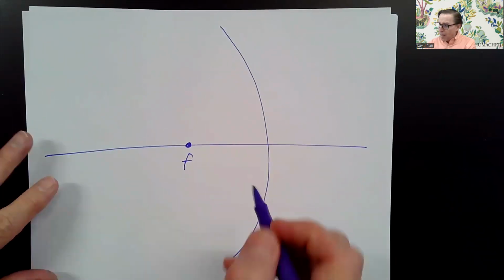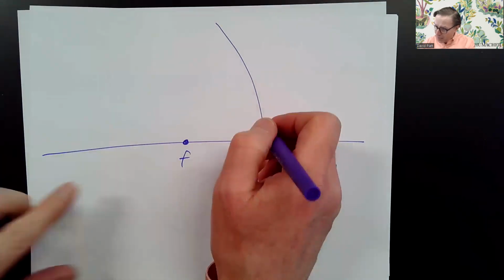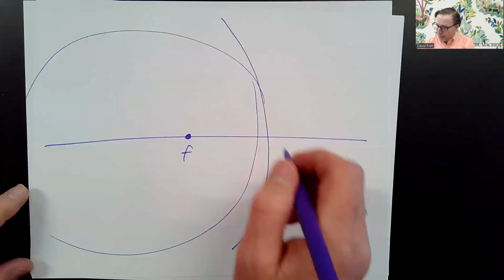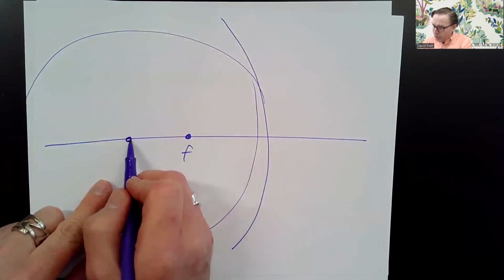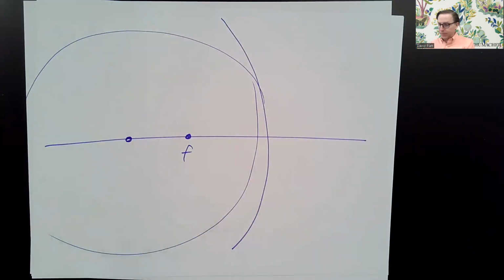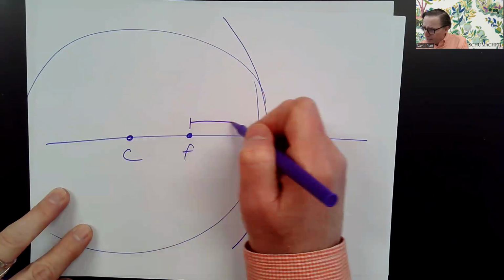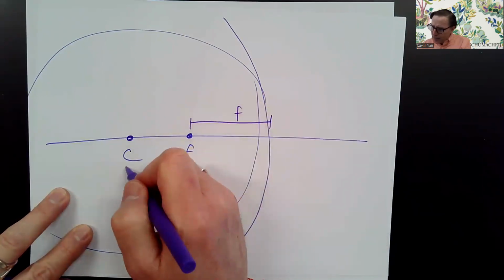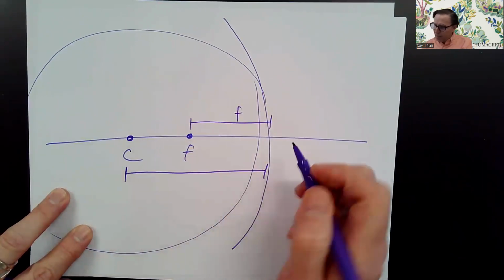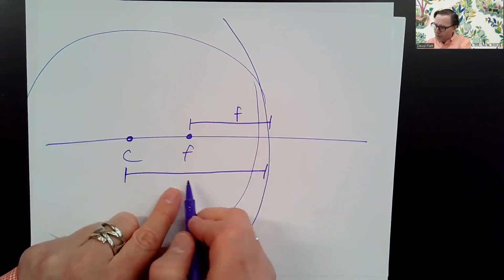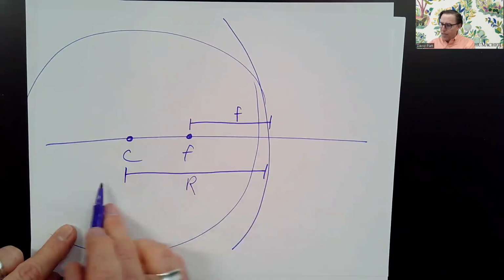Now, it turns out that if this were a spherical mirror, like that, its center would be here. In such a way that, and this is all approximate, this distance, the focal length, is about half the size of this distance. So I double used F. I'm not going to call this distance C. I'm going to call this distance R for the radius.